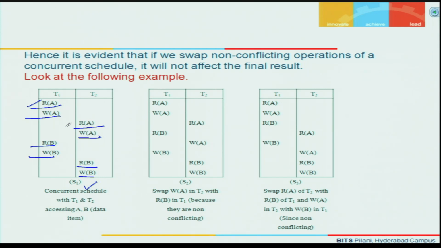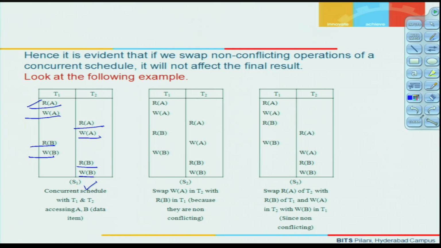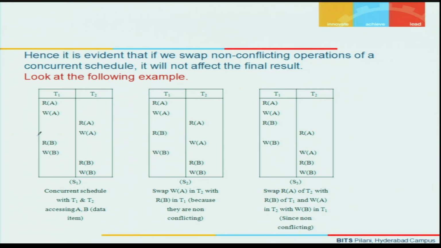Now if you carefully observe and consider this pair of operations from T1 and T2, this one is writing A and this one is reading B. When these operations involve different data items, they are a non-conflicting pair of operations, so I can swap them.